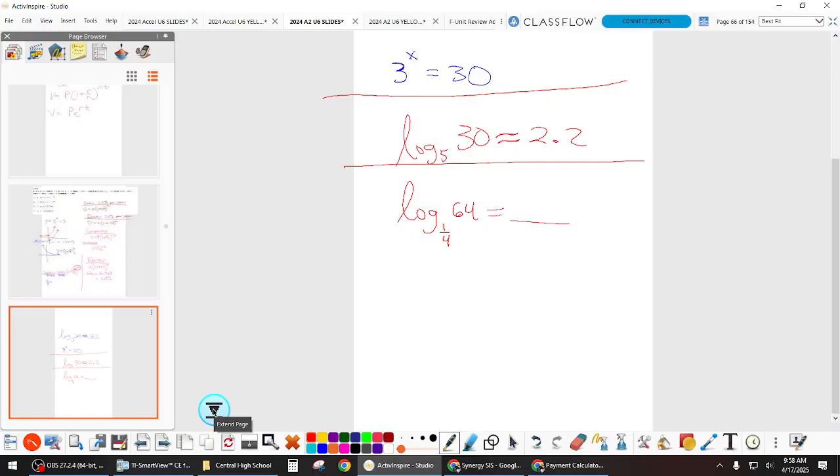If it helps, rewrite it in exponential form. So you're asking what question by evaluating this log?